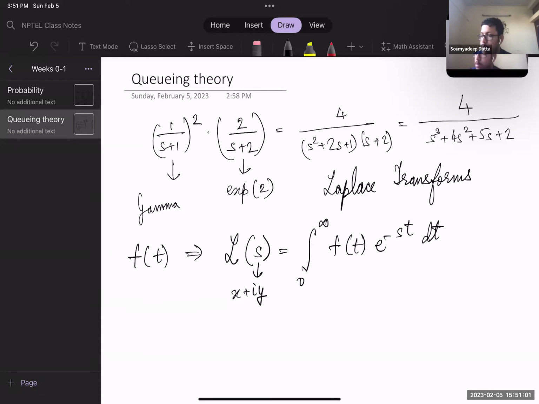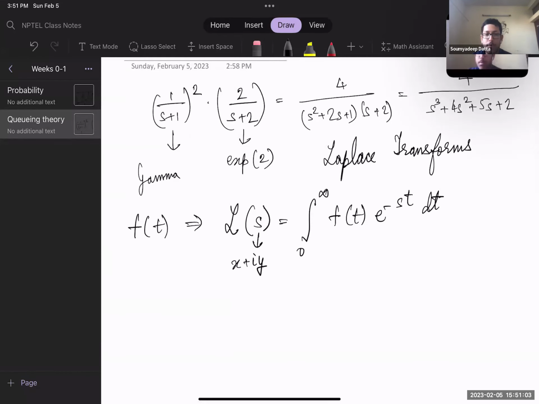But the thing is, you will be provided, or you should know, Laplace transforms of certain kinds of variables, and you will need that a little bit for your queuing theory. So this is again a little bit of probability revision.